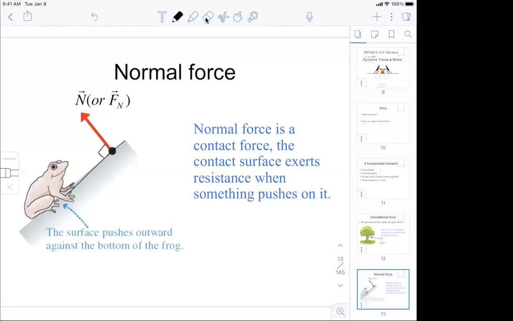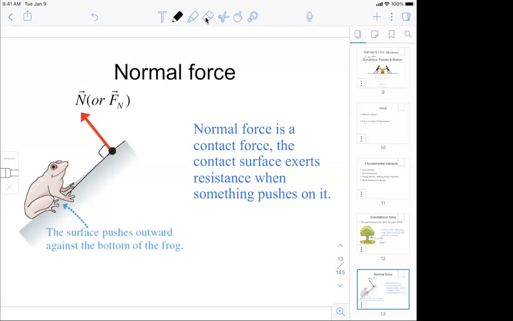So this force is acting on the frog. When we draw a free body diagram, there's a force acting on the frog pointing upward, perpendicular to the surface, and you use N as in the normal force, or F of N, to represent it.